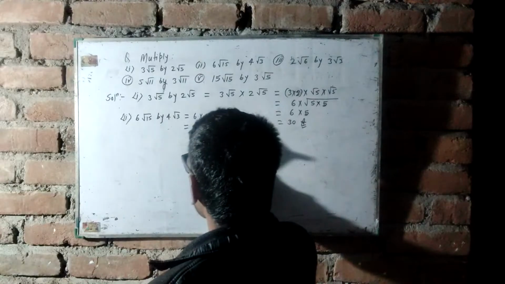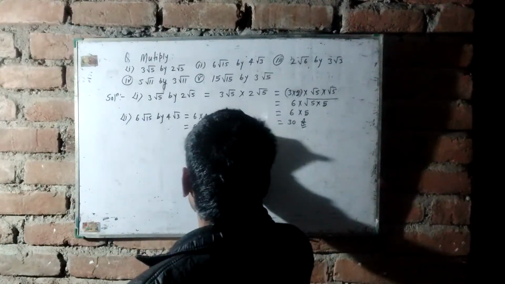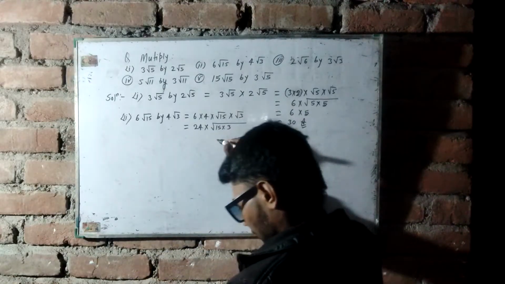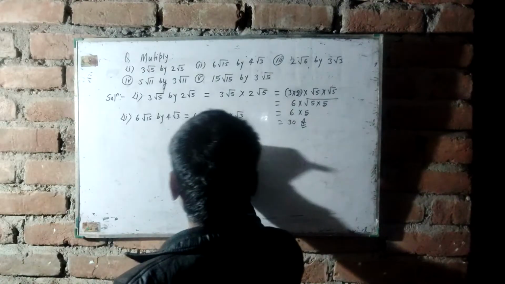Now you can write 24 into under root 15 into 3, which is equal to 24 into under root.